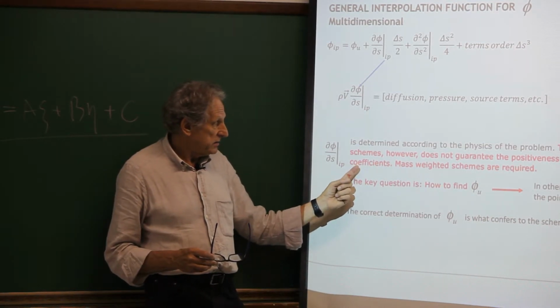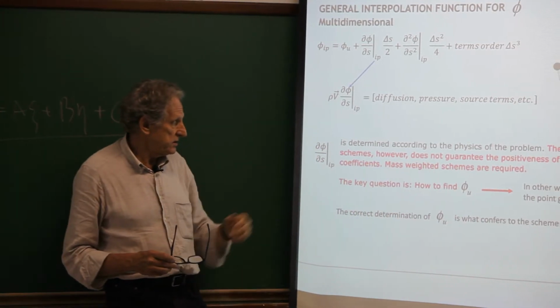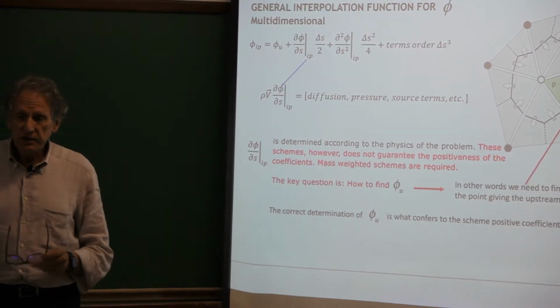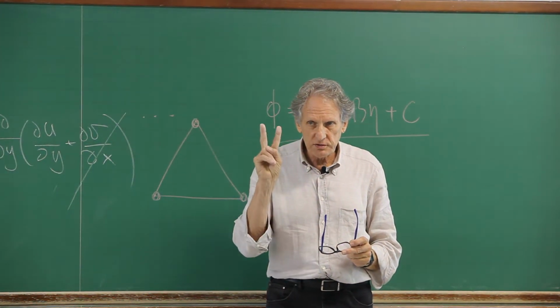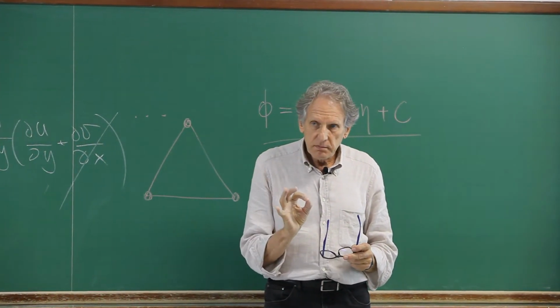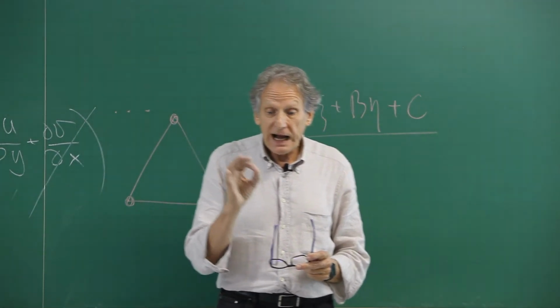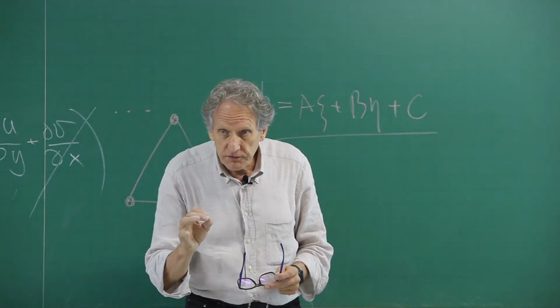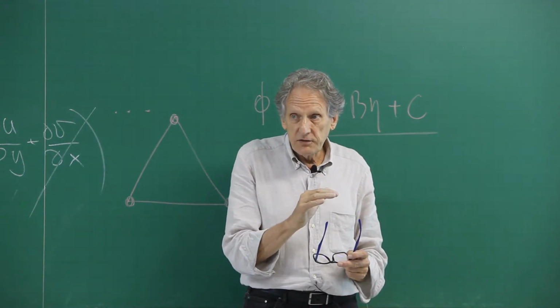These schemes, however, do not guarantee the positiveness of the coefficients. Then mass-weighted schemes are required. Let's divide this topic in two main questions. The first main question is, how can I add to my upstream scheme some anti-diffusive fluxes such that I minimize the numerical diffusion?